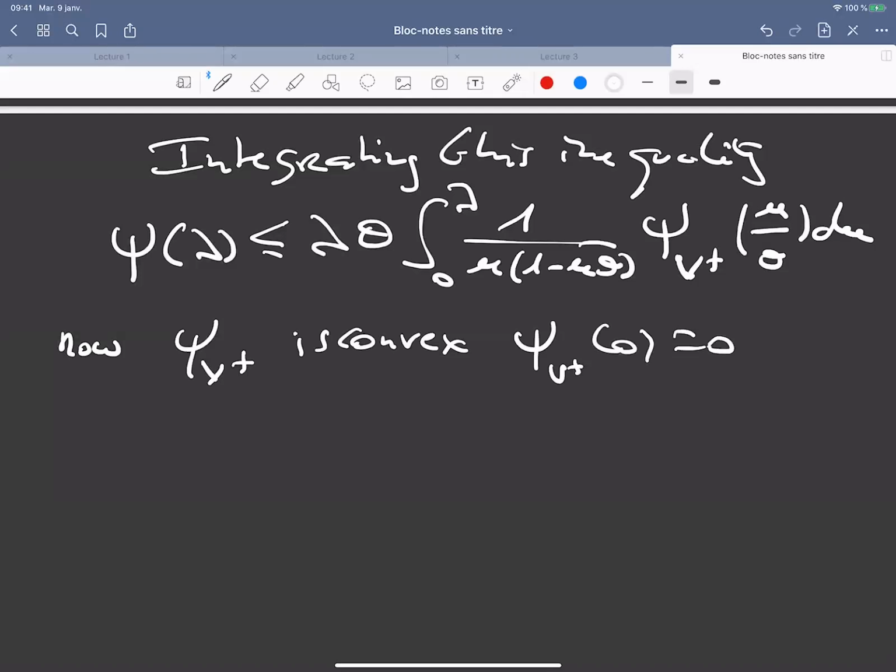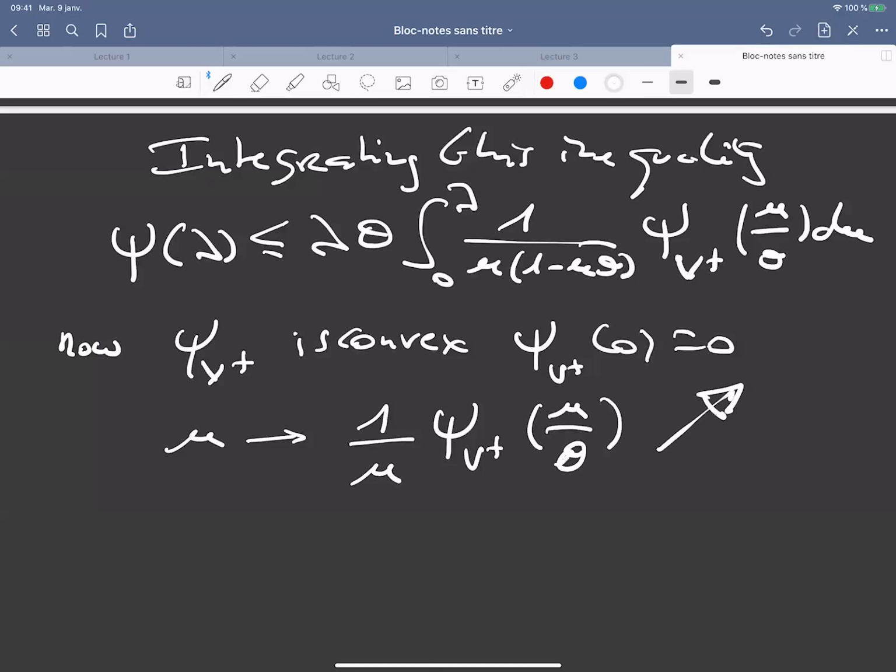So when I look at the increment, the function which links u to psi v plus computed at u over theta divided by u, this is a non-decreasing function because of the convexity.